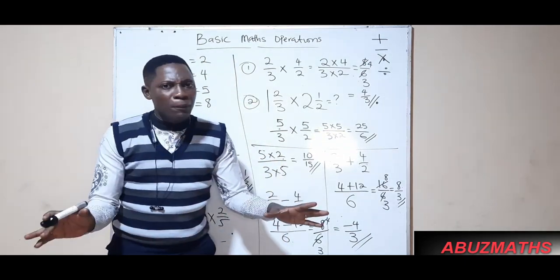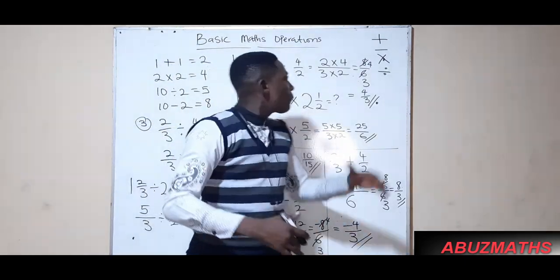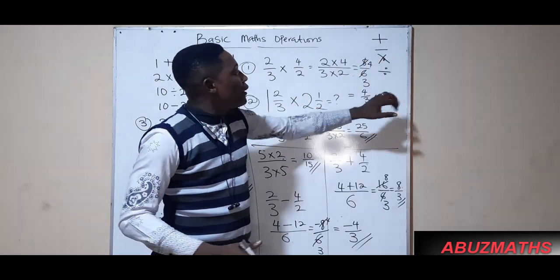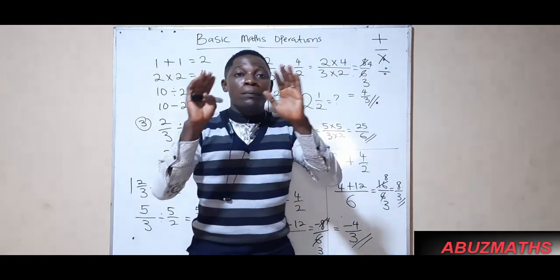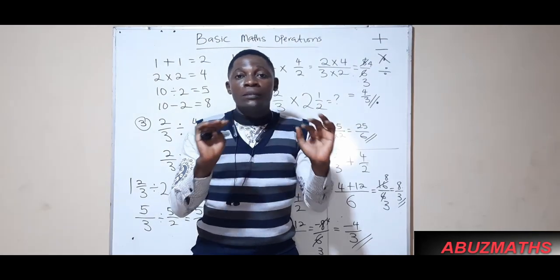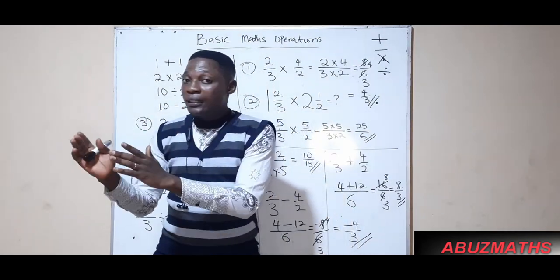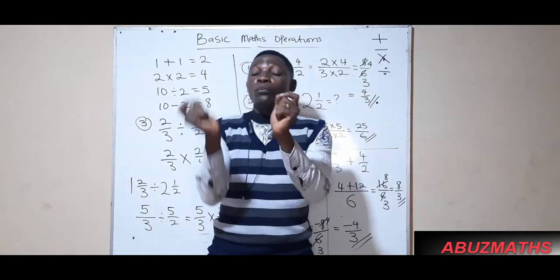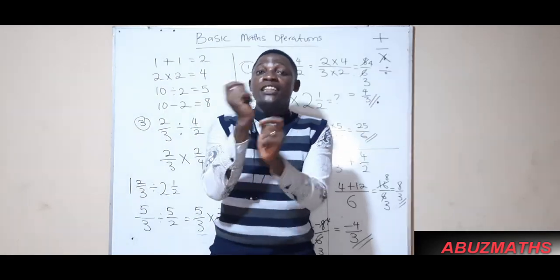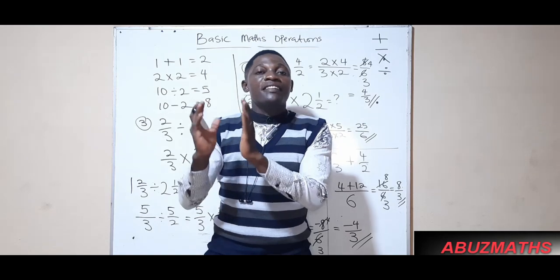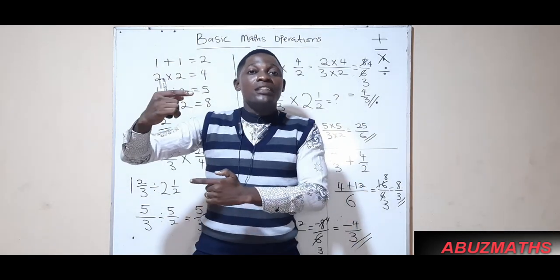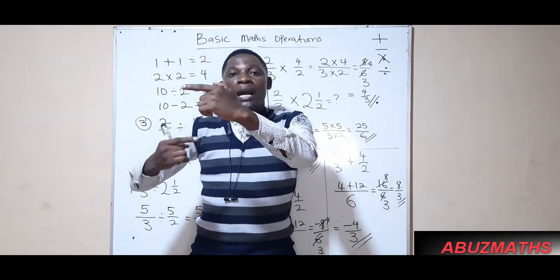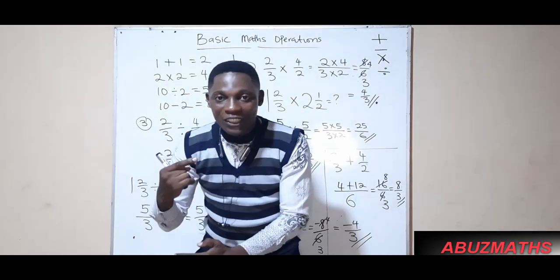So it's very simple. Let's do a recap. When you're working with multiplication, multiply the numerators, multiply the denominators, and get your final answer. When you're working with division, the first step, change your division to multiplication. And as you change that, the fraction after the sign is inverted. That means the numerator becomes the denominator, and the denominator becomes the numerator.